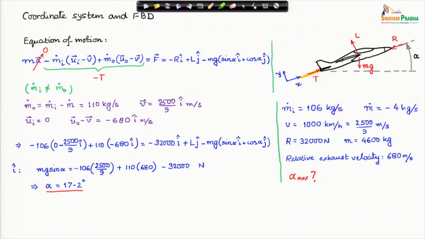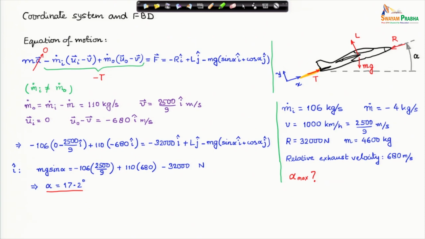Of course, it is losing fuel, therefore, it is losing mass, but that rate is quite small. If you do that calculation, alpha comes out to be 17.2 degree. Therefore, this is the maximum value of alpha at which this can fly with these parameters.